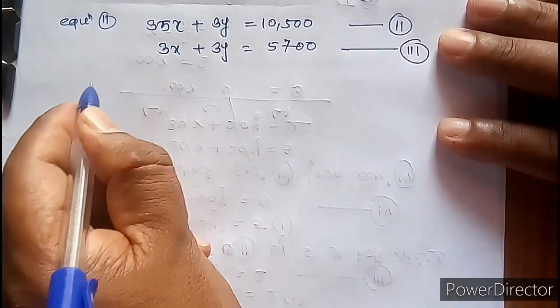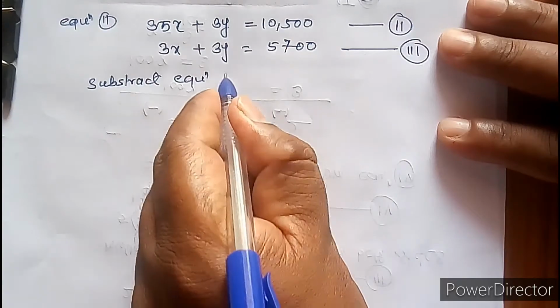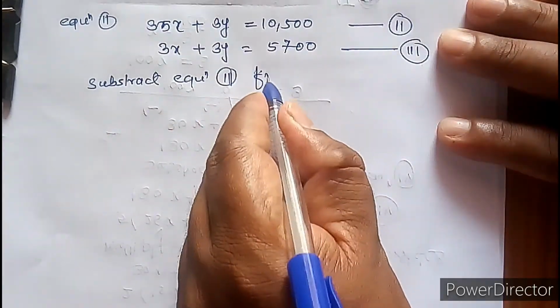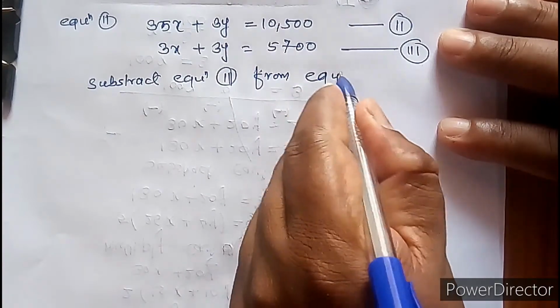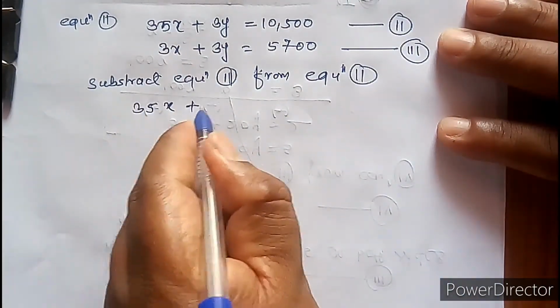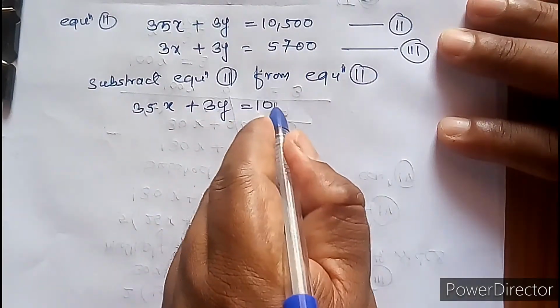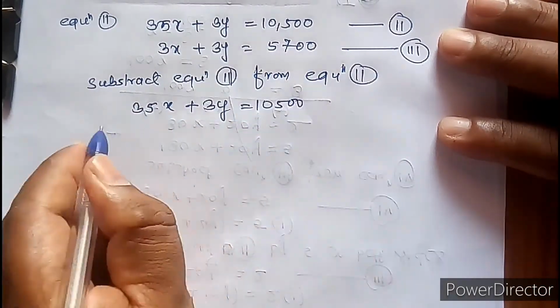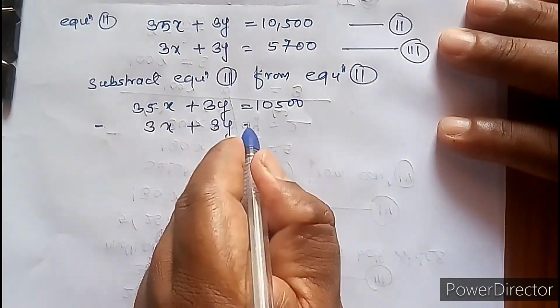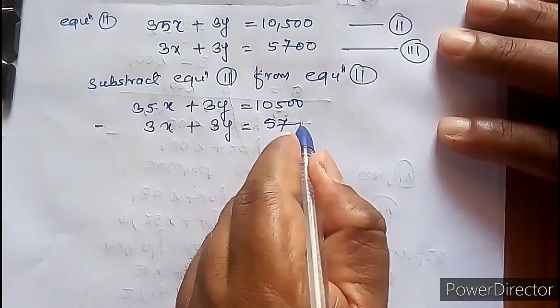Now subtract equation 3 from equation 2, that is 35x plus 3y equals 10,500 minus 3x plus 3y equals 5,700.